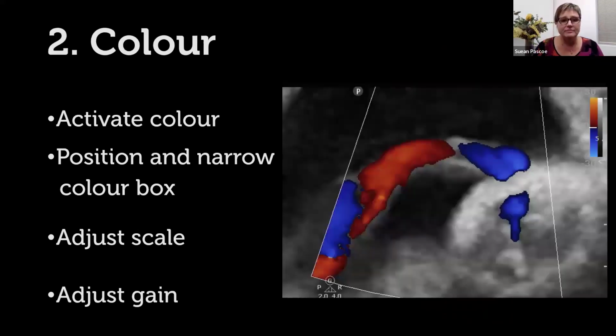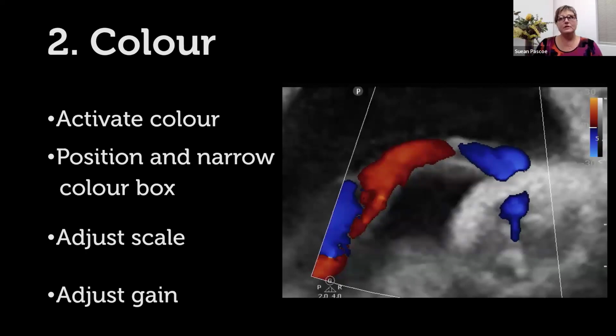When we look at the color, you activate the color flow and you want to position the color box so that you have got it over the umbilical artery Doppler, and we want to keep the color box as narrow as possible. The wider the box is, the more information you're asking the computer to process, so the frame rate slows down and we lose that temporal resolution.